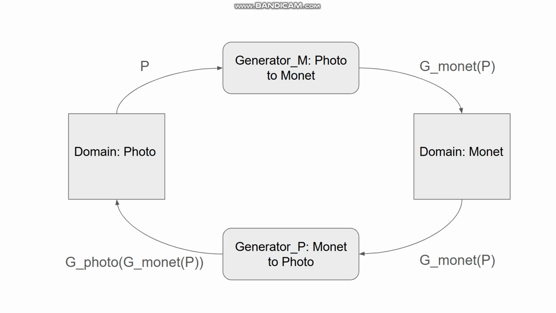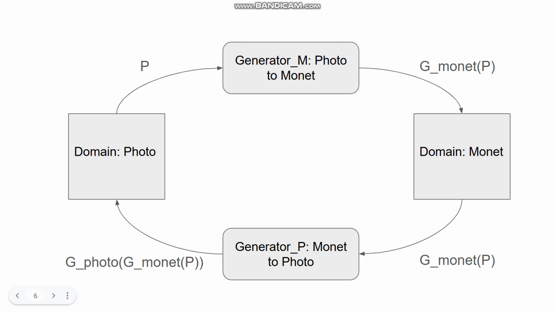To illustrate this, let's look at generator G Monet. It takes an input photo P, then produces G Monet of P, which is a fake Monet image. Then we feed this G Monet of P back into generator P, which will convert it into a photo again.